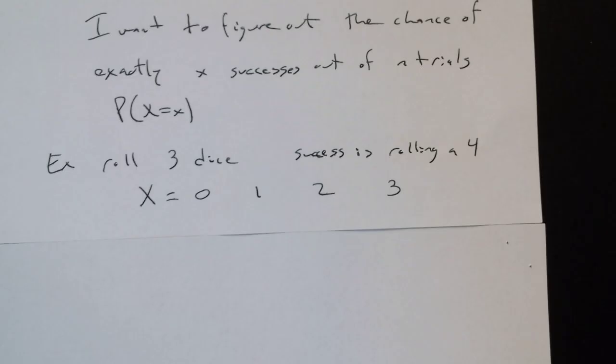Let's pick one of these options. We're going to use 2. What is the chance that 2 of these dice came up with a 4?